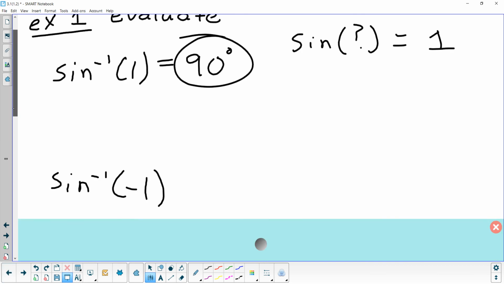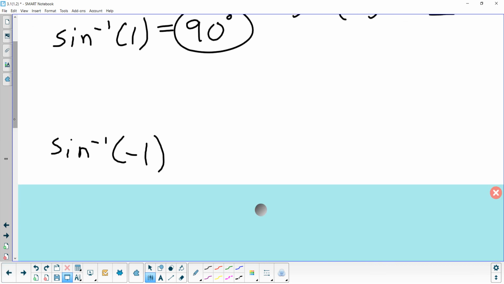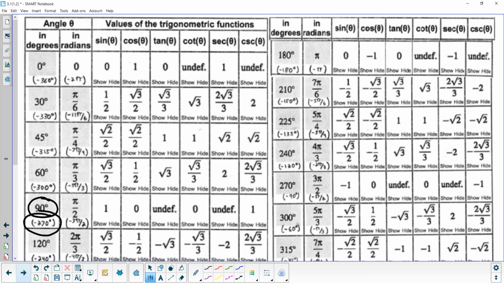All right, let's try this one. Inverse sine of negative 1. I already saw negative 1 earlier. Remember, I pointed it out when we did the last one. But inverse sine of negative 1. So, I want to know what angle I could take the sine of, and the answer comes out to negative 1.